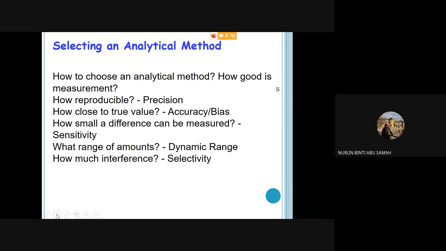And what range of amounts? Next is how much interference. When you have many kinds of interference, but the instrument can select your analytes at a high percentage of recovery, it means that the analytical method is very selective.